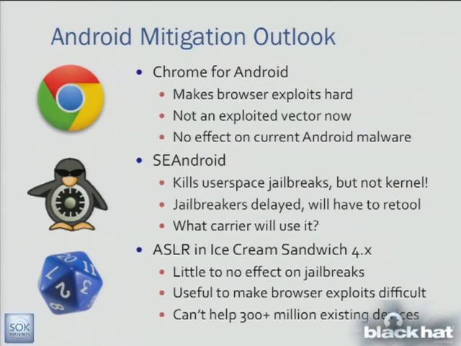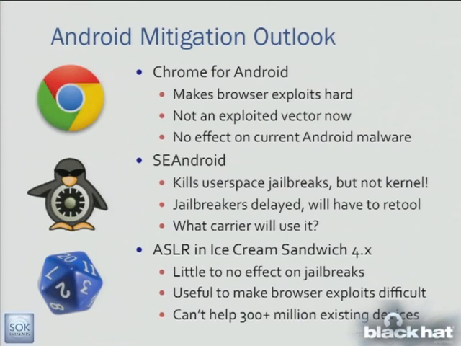Jailbreaks are still possible and probable. It's still important for jailbreakers to be able to jailbreak phones, so they'll likely retract slightly, delay a little while they retool and learn new techniques, and then they'll be releasing a constant stream yet again. So SE Android won't fundamentally change the game.